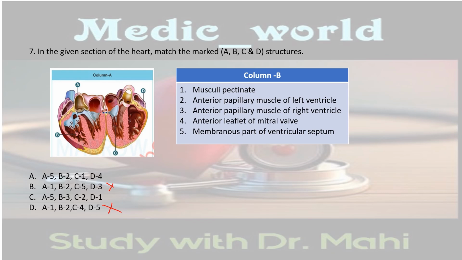We have figured out the answer, that is C. Let's confirm it by seeing the other options too. C is papillary muscles of left ventricle, 2, and D is pectinate muscle, that is 1. We have figured out the answer.